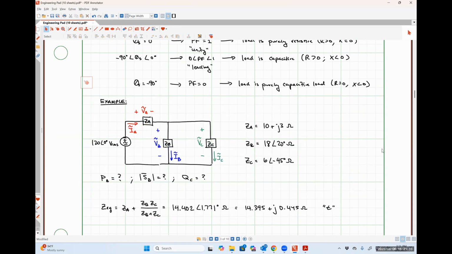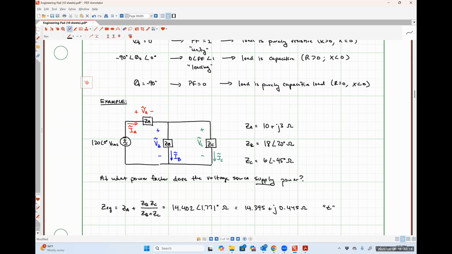So I'm just taking this example right here. Same thing that we did earlier, except now what I want to know is at what power factor does the voltage source supply power?